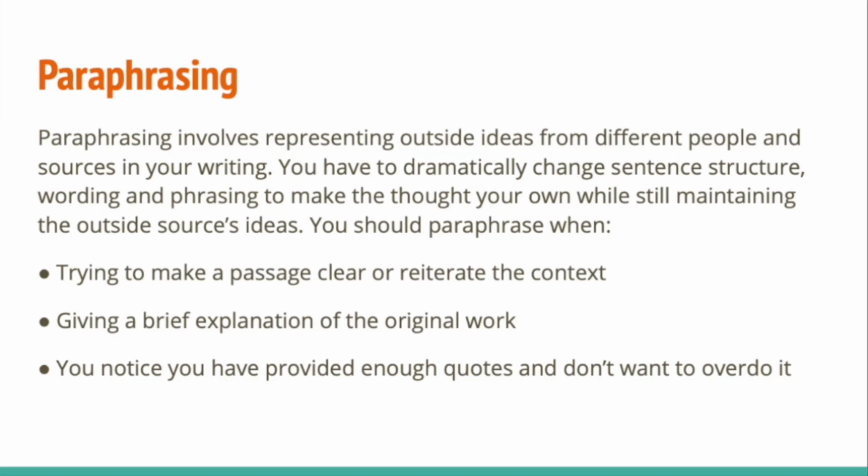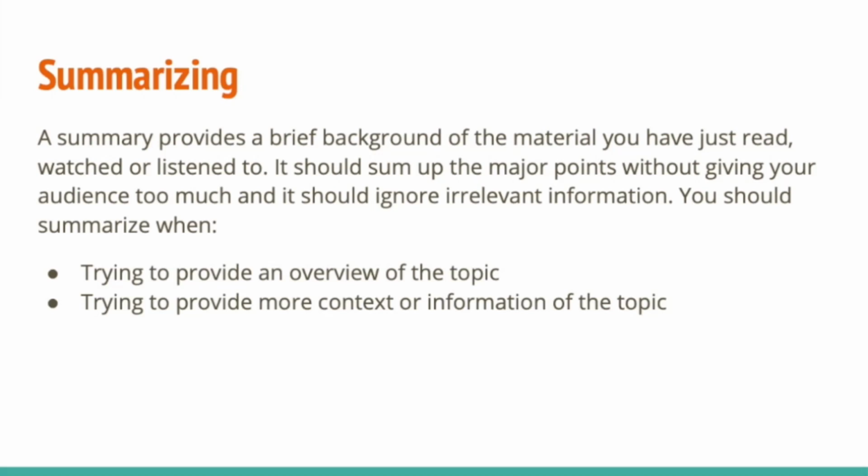So when you are trying to explain something or make it more clear, when you are giving a brief explanation of a very long work, or if you think that your paper has too many quotes already and you just need to write in your own words for all the other information you need to provide, these are all great times to paraphrase.